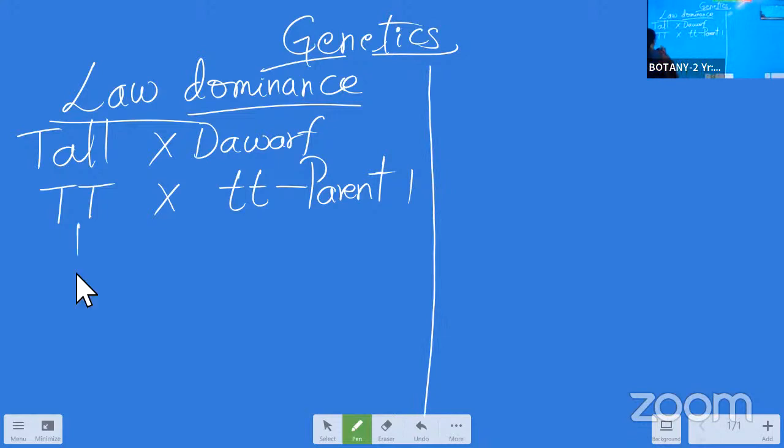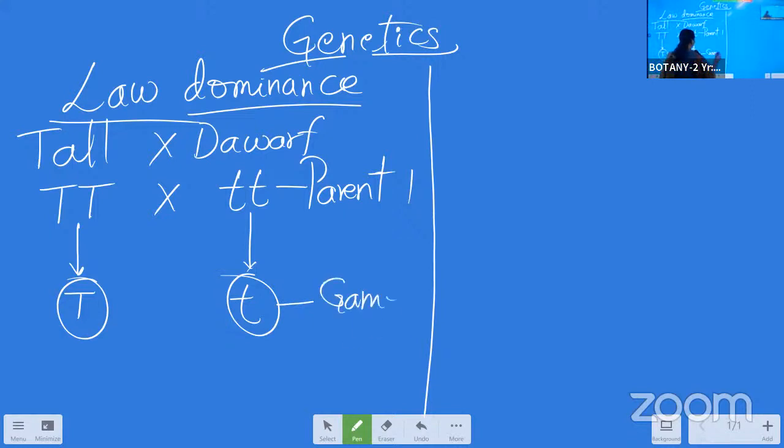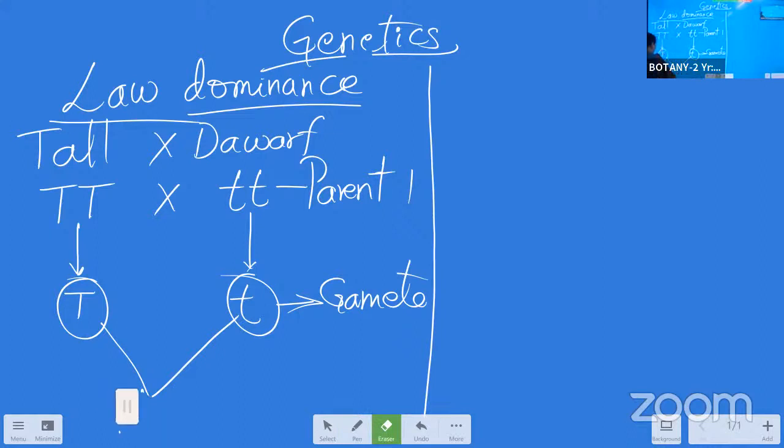From this we will get only one gamete each, capital T here, small t here. Always gametes need to be encircled. These are the gametes. Then label them there itself. If these two fuse, we will get capital T, small t. This is the F1 generation.